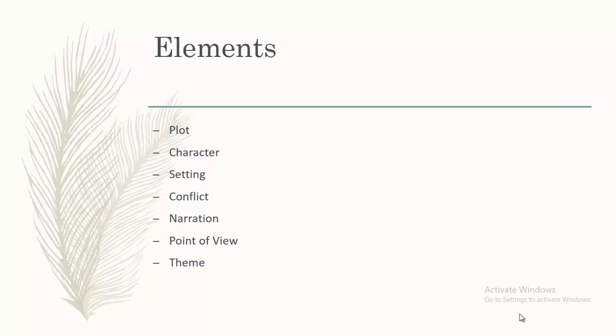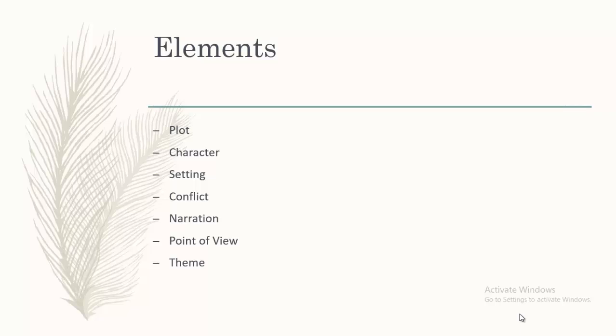So the major or main elements in an English novel are plot, character, setting, conflict, narration, point of view, and theme. These are 7 or 8 major elements in an English novel, and in order to understand and explain a novel, you need to understand all these elements in proper detail and in proper depth.